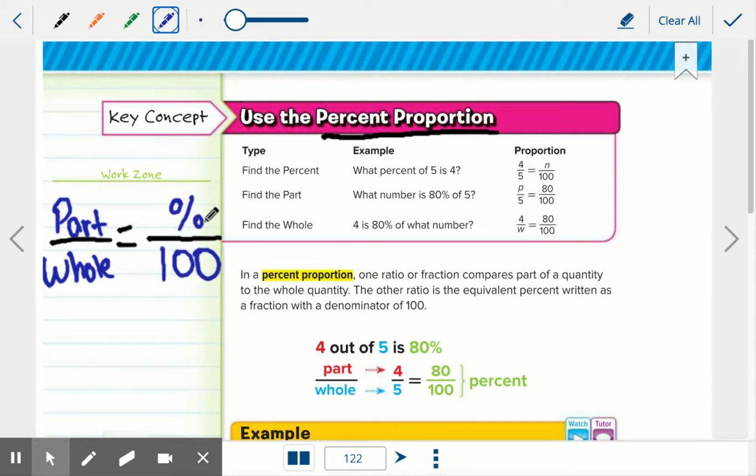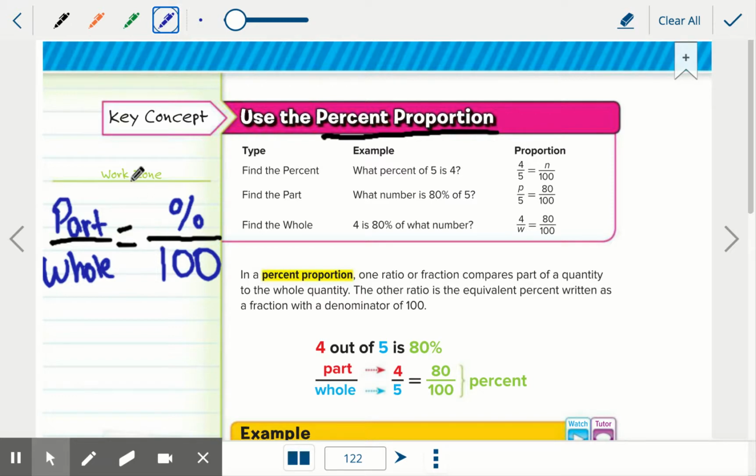Now, we always knew percent is over 100 because percent is out of 100. Well, if we're making an equivalent proportion, then we would put the part over the whole. And that's why we set this up.